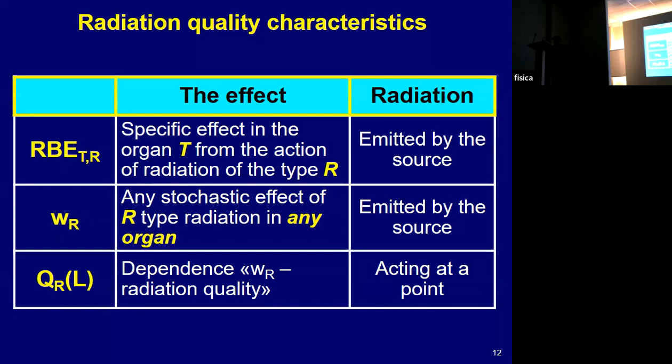And relative to the third one, the main area of application of this radiation quality factor is the monitoring of external radiation fields. Therefore, it is defined as a function of the measured linear energy transfer, LET.